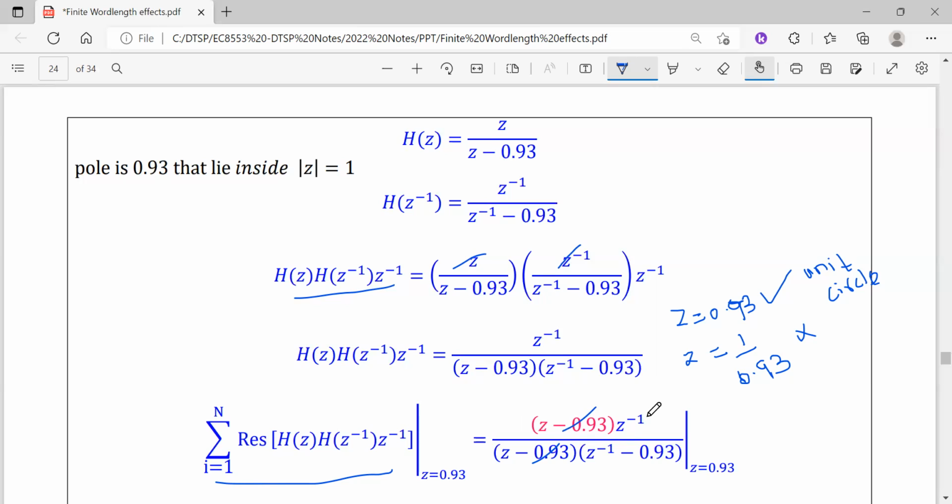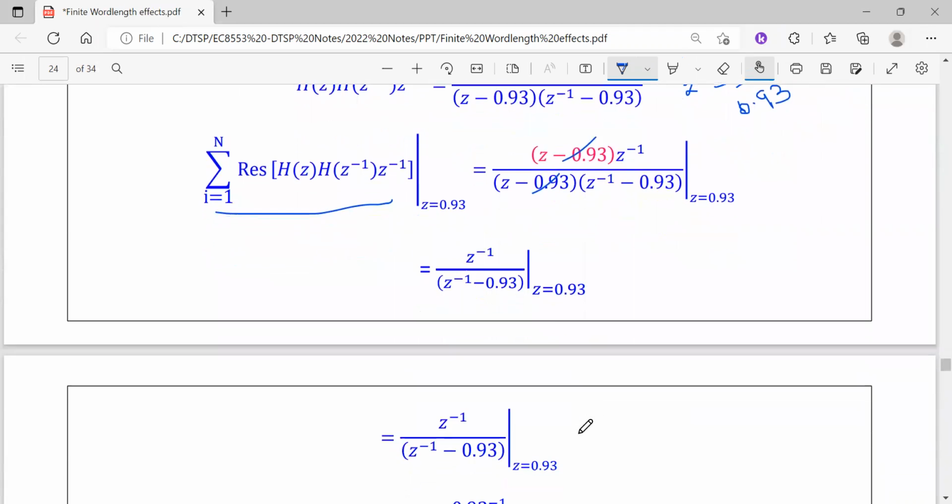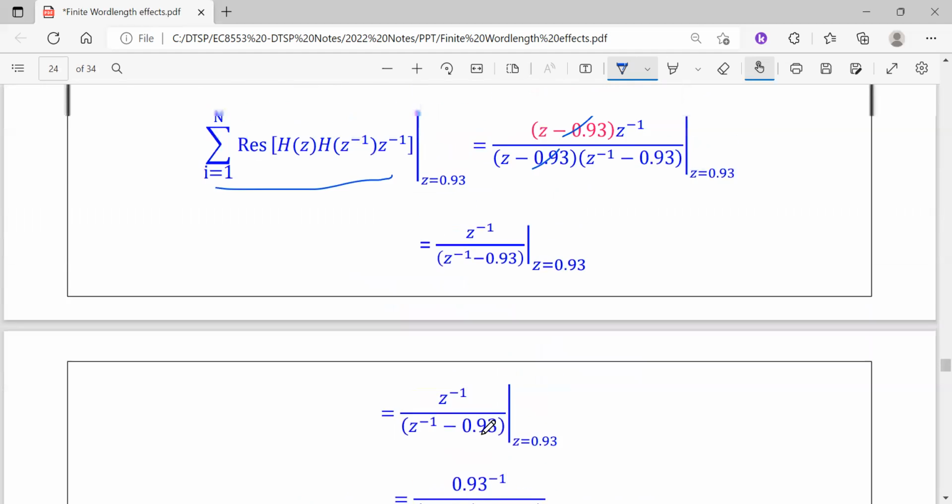So we are left with z power minus 1 by z power minus 1 minus 0.93. Here we substitute z as 0.93 and find the simplified result. Instead of z, it is 0.93, and here also it is 0.93. After simplification, we are getting the answer to be 7.4019. Now this is the value of the residue that we have calculated.